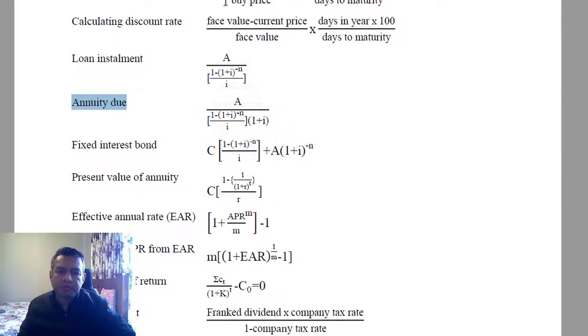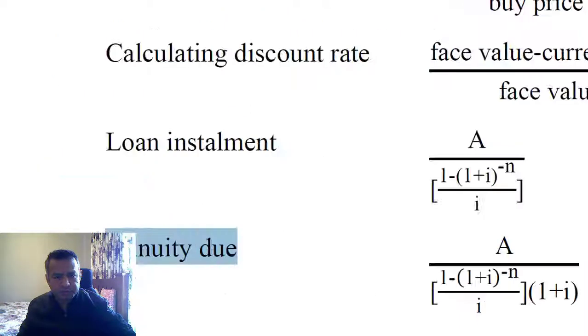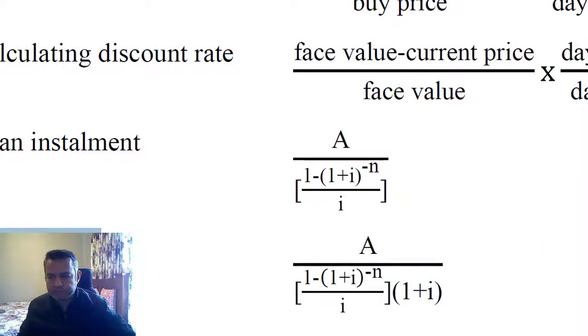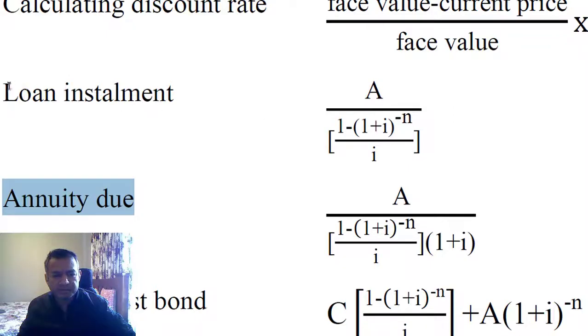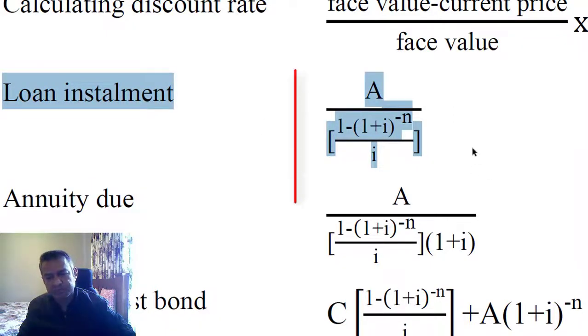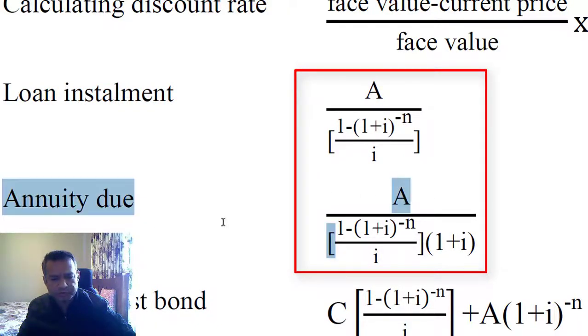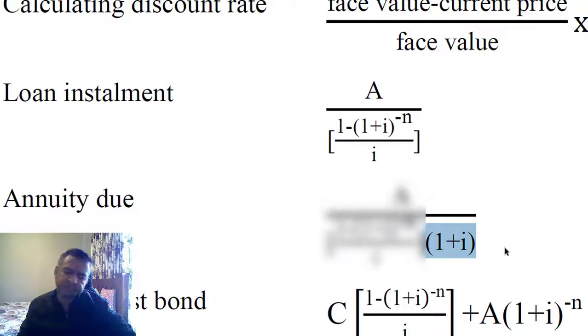Now both these formulas are very similar. So if we look very carefully, I'm just trying to magnify the formula so you can understand the formulas. If you look at it, this one, loan installment, you'll find this formula is exactly the same formula as this one, annuity due, except only one part has been included, which is this one, 1 plus the interest rate.